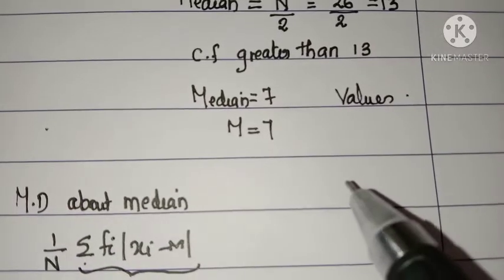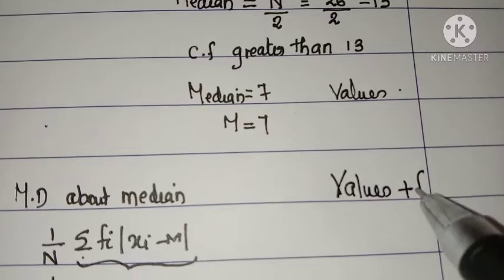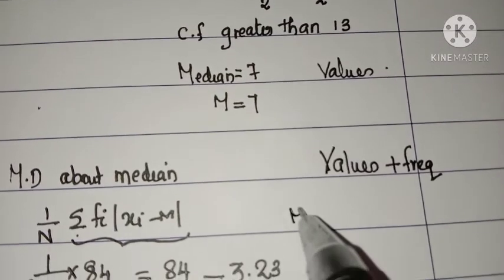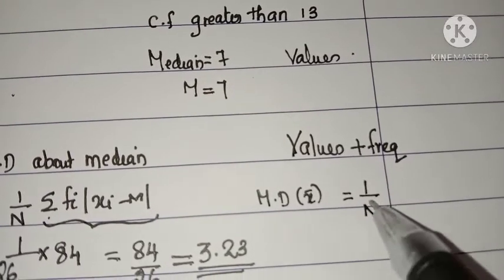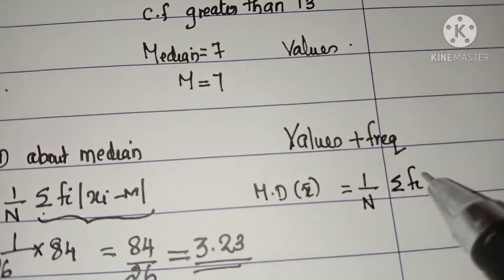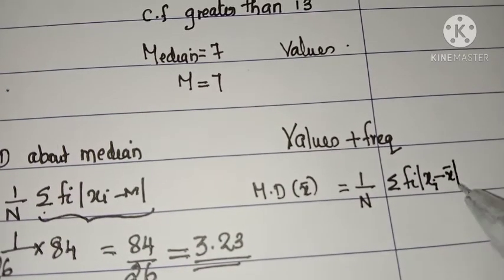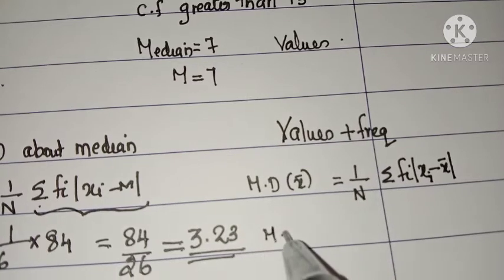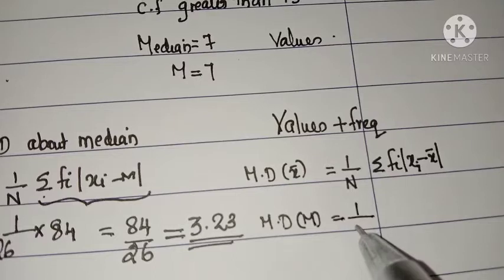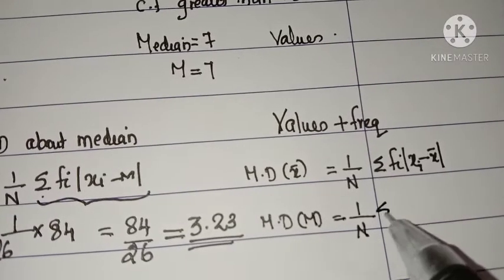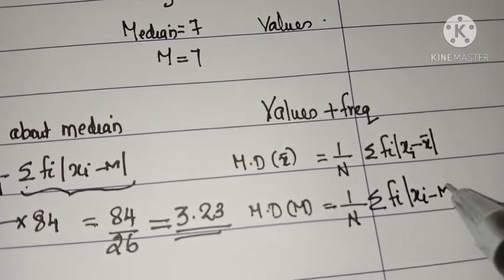So for grouped data, that means when values and frequencies are given, mean deviation about mean is obtained by 1 by n into sigma fi into mod xi minus x bar. At the same time, mean deviation about median is obtained by using the result 1 by n into sigma fi into mod xi minus m.